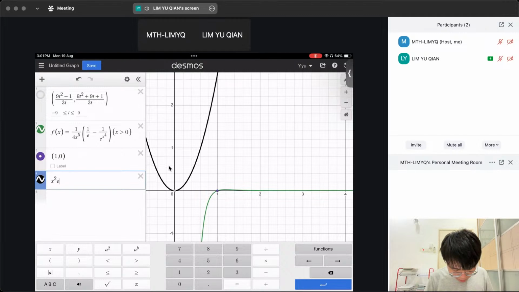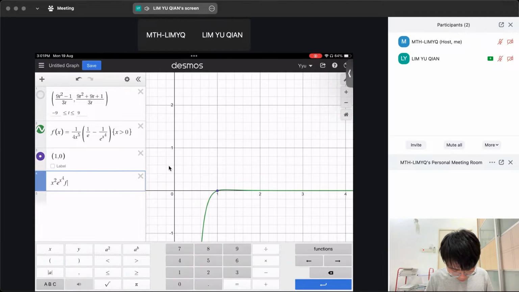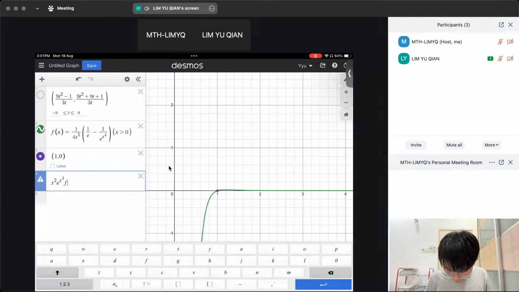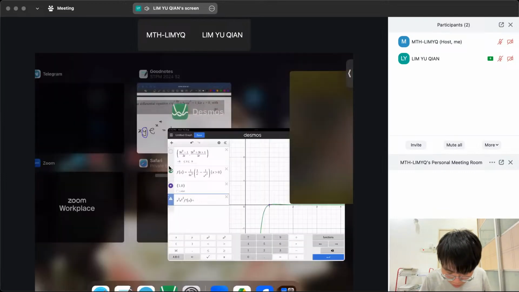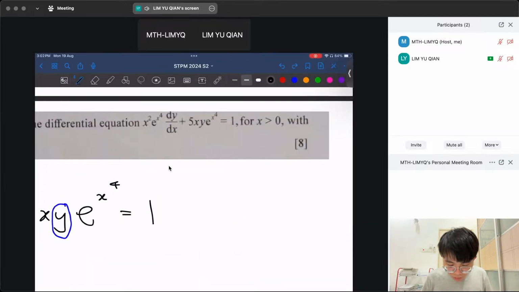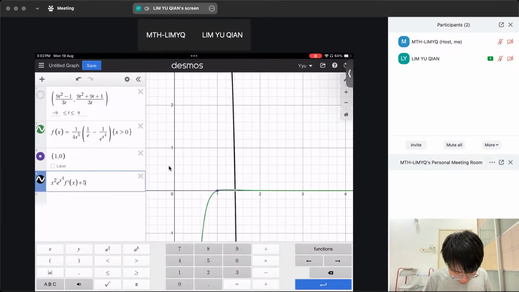x squared e power x power 4 dy/dx, is it? So for dy/dx you put f prime x, plus 5xy.